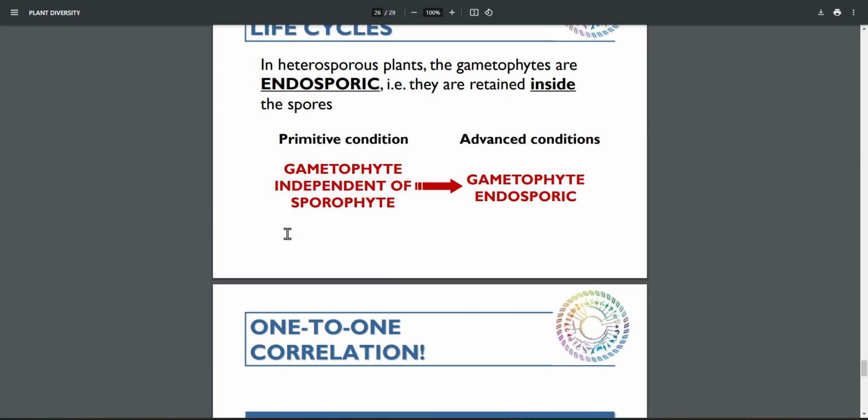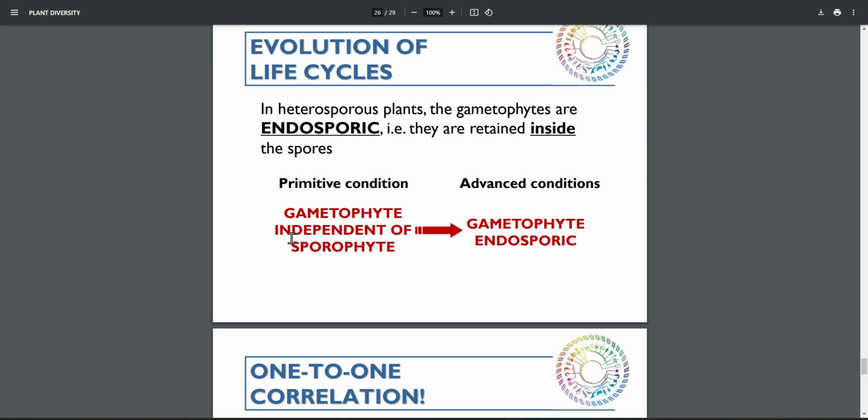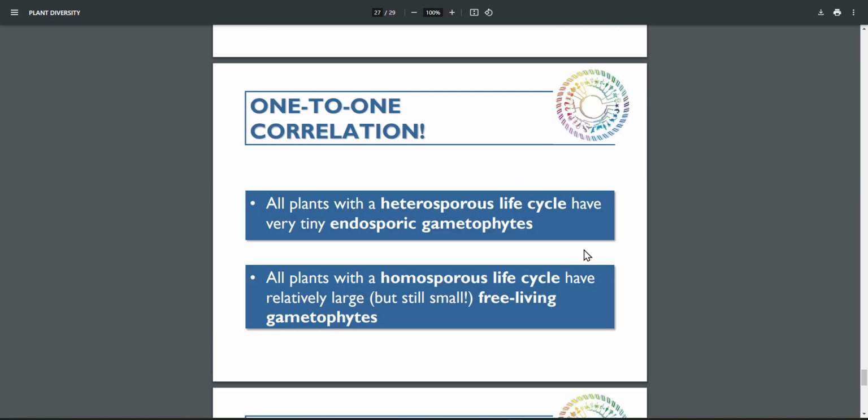And then finally, actually no, it's not finally. Shoot. In heterosporous plants, gametophytes are endosporic. Endosporic means the gametophytes are retained inside the spores. And again, from the primitive condition of gametophytes that are independent of the sporophyte, to the gametophyte being inside the spore. It's a one-to-one correlation. I don't think there is any exception to these two statements.